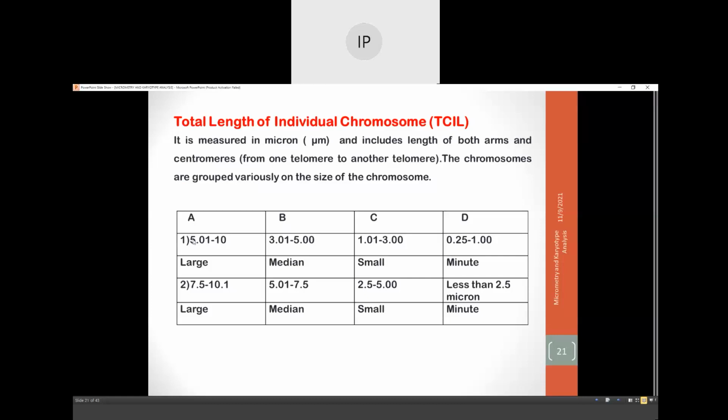Now we can categorize chromosomes as large, medium, small, minute. According to one category, if chromosomes are from 5 micron to 10, they are considered large, 3 to 5 medium, 1 to 3 small, and lower than 1 is minute. In this way, many categories can be taken.